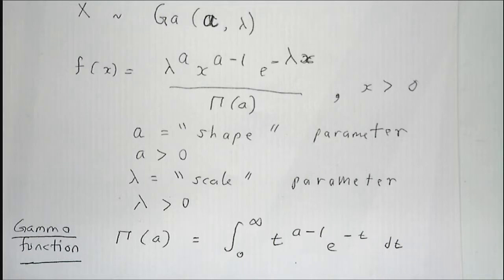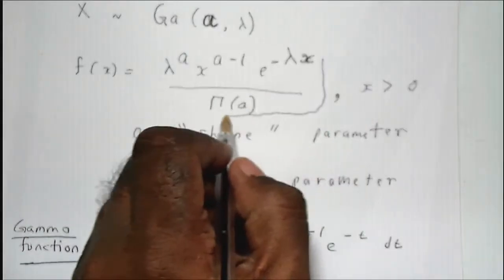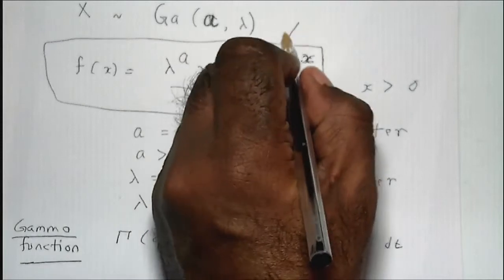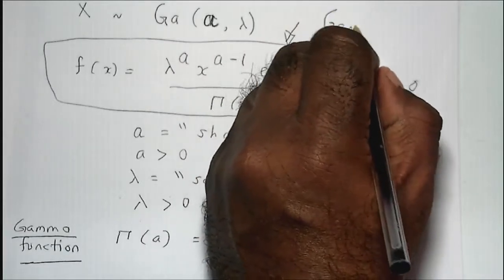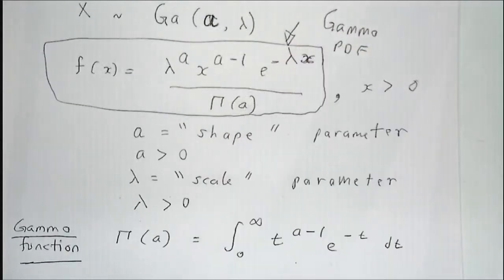Okay, and I must say one thing, that you should not confuse the gamma function, which is a mathematical function, right? Whereas what I have written here is the gamma density function.